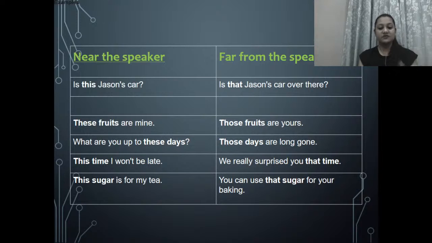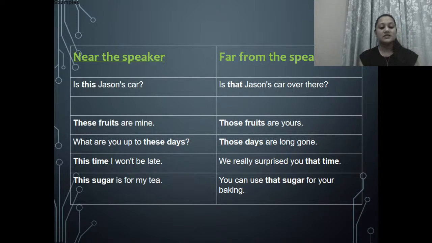"This sugar is for tea." So you must be offering somebody a cup of tea, and you're telling that person about this sugar. There must be a bowl of sugar or sugar cubes, whatever suits you. It is very close to you, and you are addressing the listener, meaning you are supposed to use these sugar cubes or this handful of sugar in your tea.